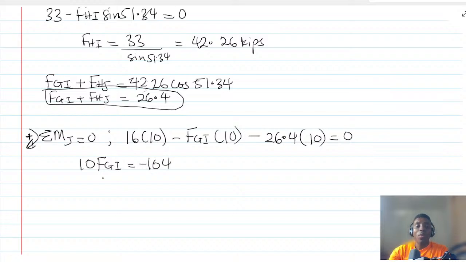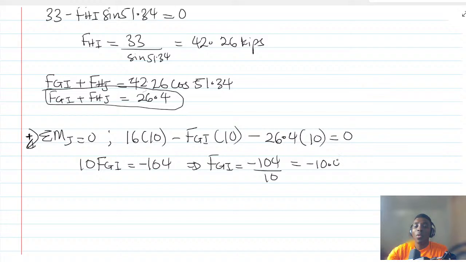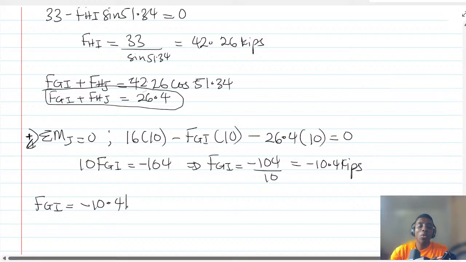And then if you divide both sides, FJI will be what? 104 divided by 10, and that gives us minus 10.4 kips. So meaning that FJI is minus 10.4 kips. So it is a compressive force.